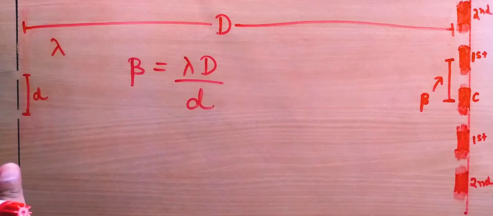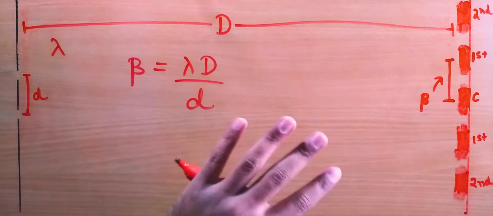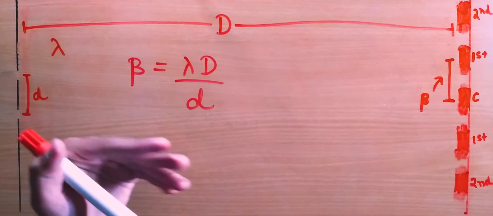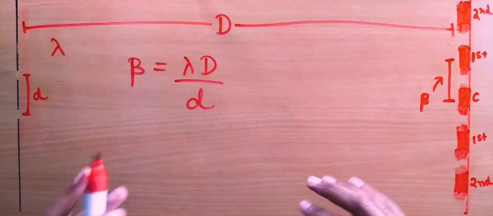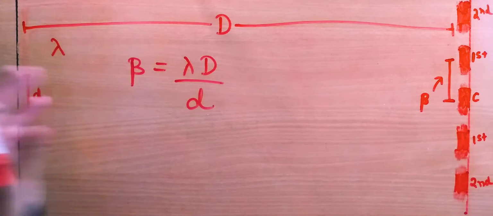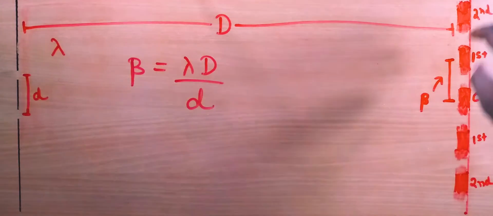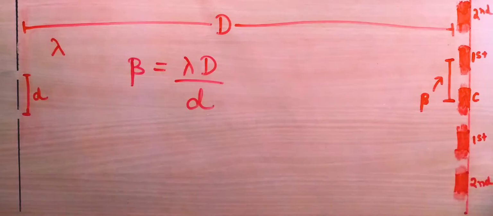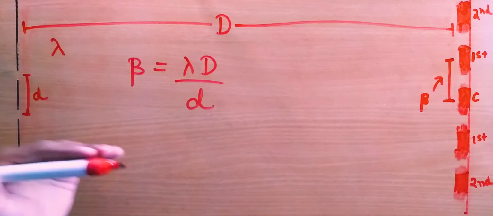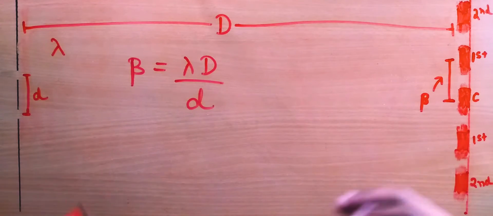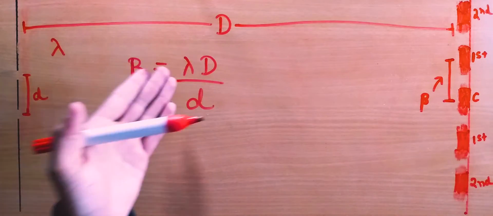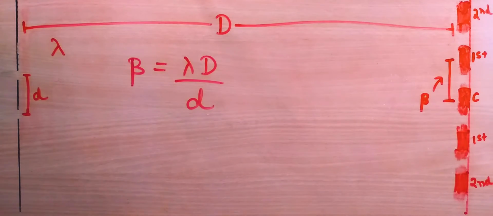So in all the questions that you do, any three of the four variables must be given, and you have to solve for the fourth variable. Now obviously some questions might be tricky, and they might give you the distance between the first and the third fringe, let's say. So obviously you need to divide that by 3 to get the fringe width. You need to manipulate the data given in the question so that you can get 3 variables out of the 4 and solve for the fourth one asked in the question.